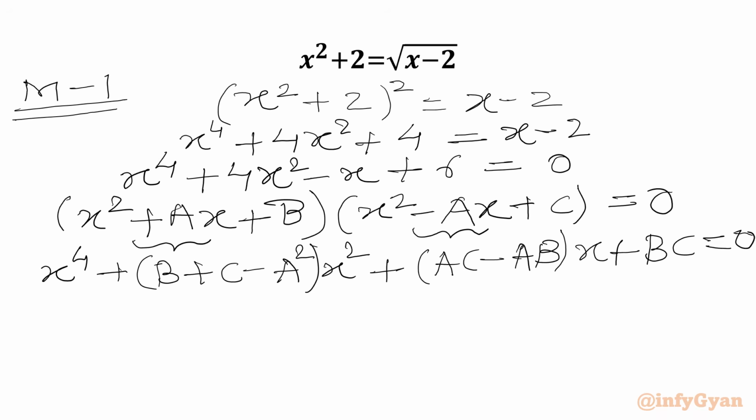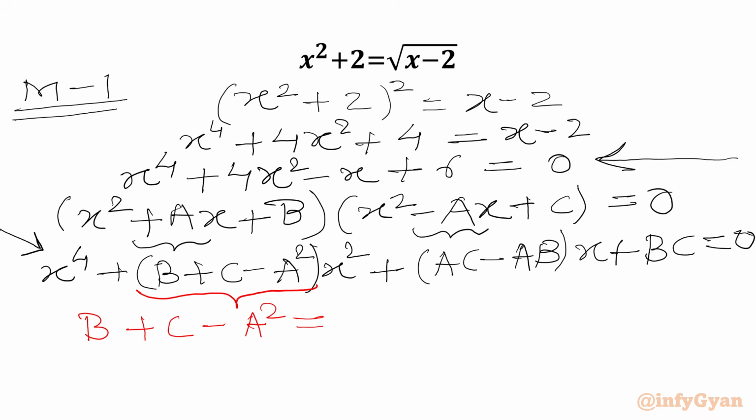Now we will compare coefficients from both the equations. If we compare the coefficient of x square, we can write b plus c minus a square equal to 4, since the coefficient of x square is 4 here.